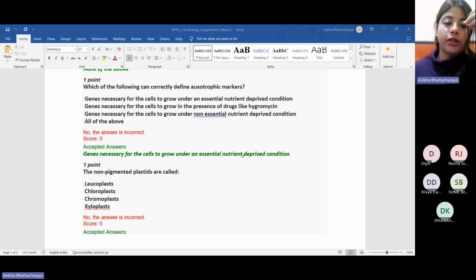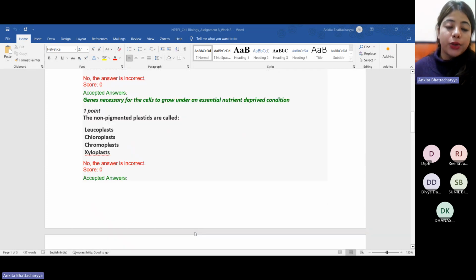Basically, auxotrophic markers are survival essential or nutritionally essential genes, which a cell absolutely needs to grow. Second, genes that are necessary for cells to grow in presence of drugs like hygromycin. That's not correct. Genes necessary for cells to grow under non-essential nutrient deprived condition. The name itself contradicts the very purpose. So the correct answer is those genes that are necessary for cells to grow under an essential nutrient deprived condition. So option 1 would be correct.